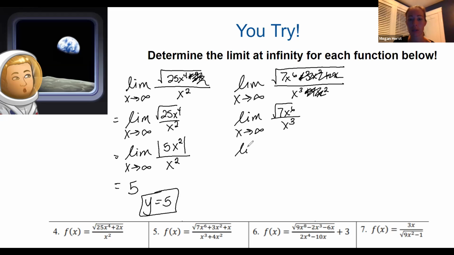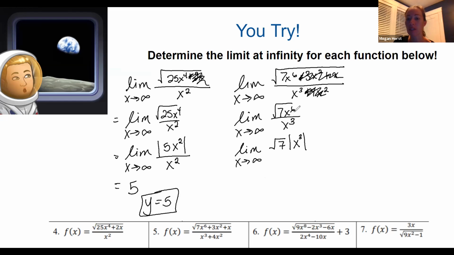I'm going to take the square root. The square root of 7 is not a perfect square, so it's just going to be the square root of 7. This is where those absolute value signs really come into play. I need the absolute value of x cubed. So remember, the square root of x to the 6th is x cubed.